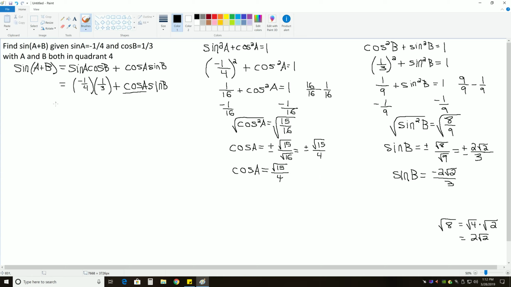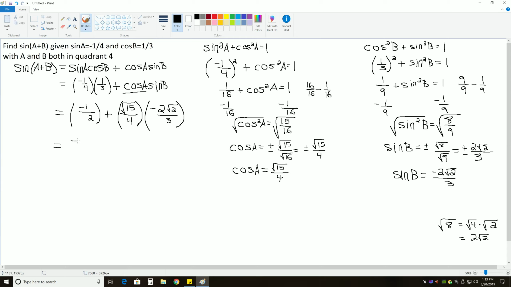So going back up to what we had over here, sine of a plus b equals negative 1/4 times 1/3 plus cosine a times sine of b. We can now plug in cosine a and sine of b, which gives us, we can go ahead and simplify this fraction when we do it, negative 1/12 plus cosine of a, we said was the square root of 15 over 4, times sine of b, we said was negative 2 root 2 over 3.